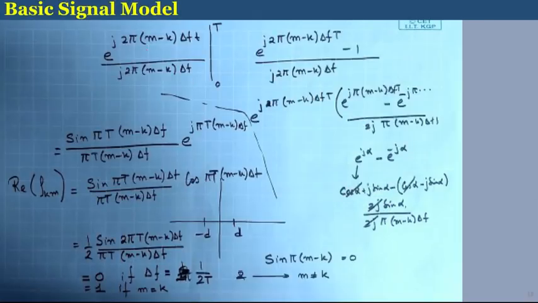So, you have e to the power of j expression divided by the term as a result of integration, integrate over 0 to T, and substitute T into this and substitute 0 into this, you are going to get the expression on the right.